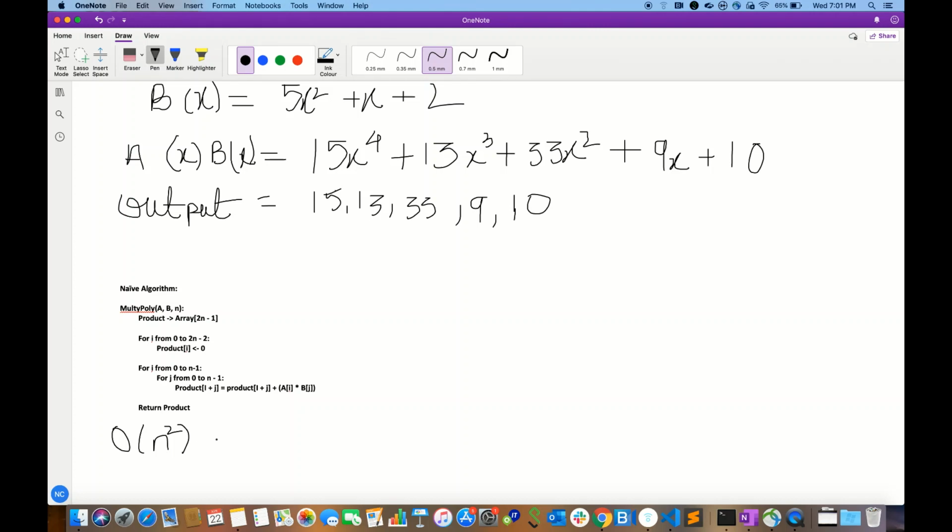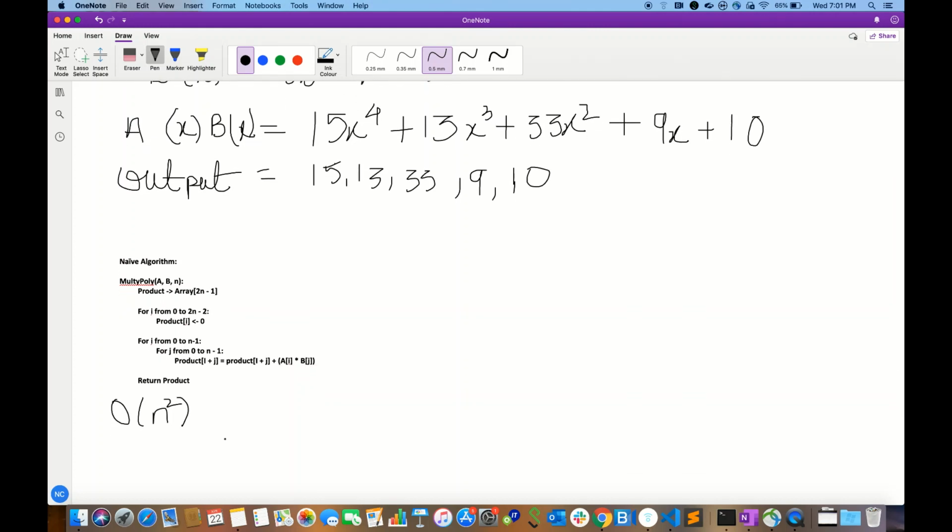So the time complexity would be big O of n square, which is not a good practice to have as a runtime in algorithms.